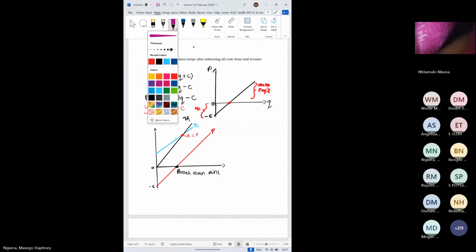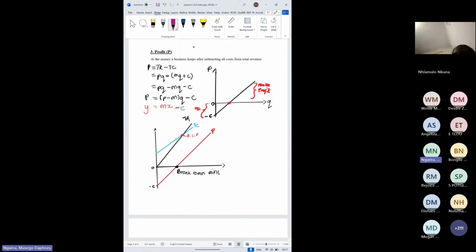Okay, we'll do it like this. Let me just draw a dotted line here. From your notes, we said that if your total revenue is equal to your total cost, there's no profit.